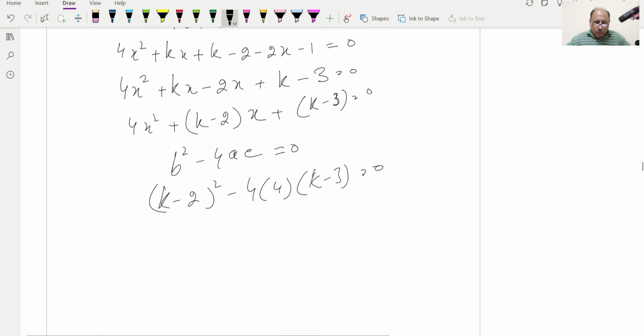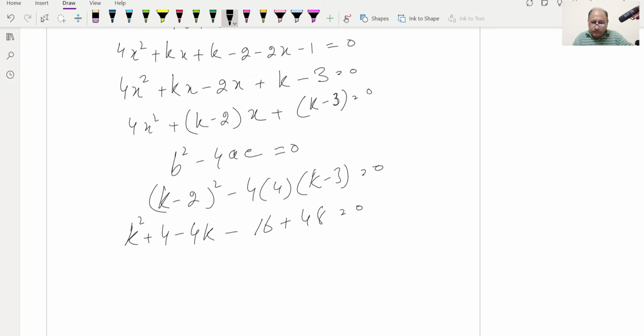Now we can open this square and we will get k squared, plus 2 squared which is 4, minus 2ab, so 4k, and minus this 16k, and minus times minus is plus 48, equal to 0.